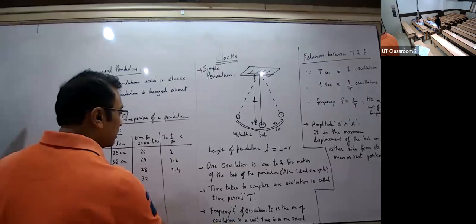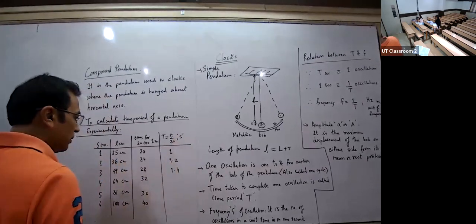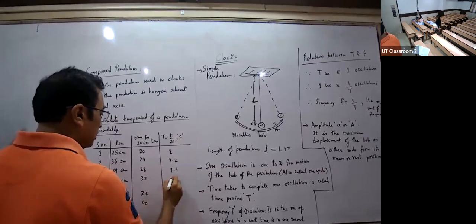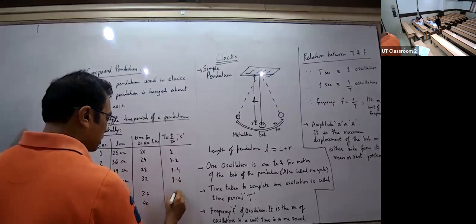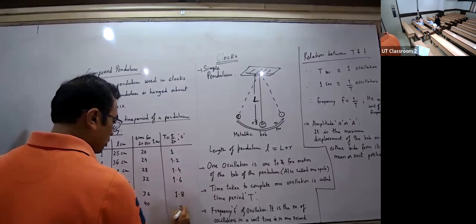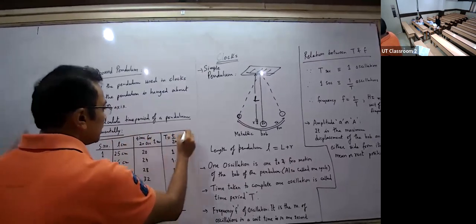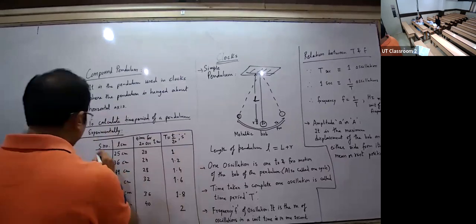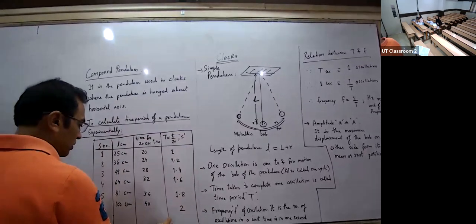We have already written them. What about this? 1.6. There it is 1.8. There it is 2. So now we are getting some pattern. What is the pattern?